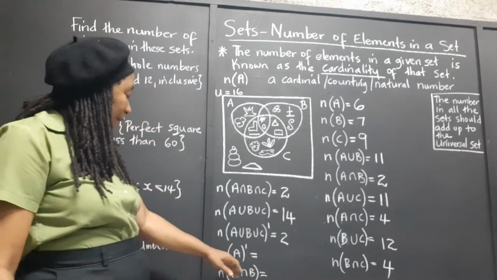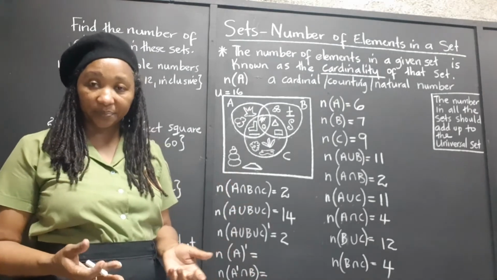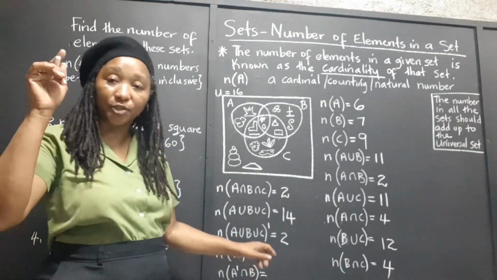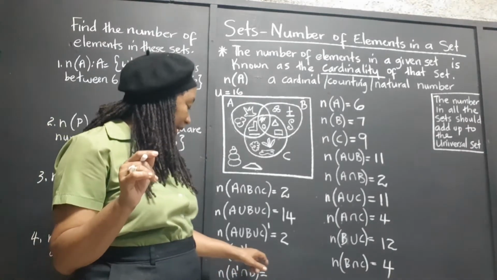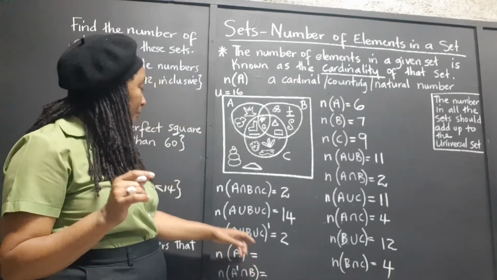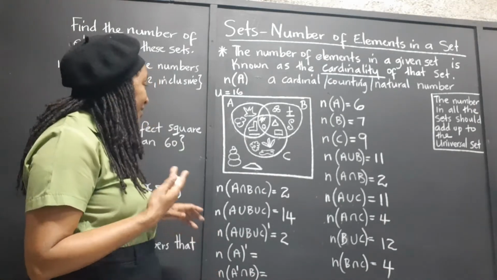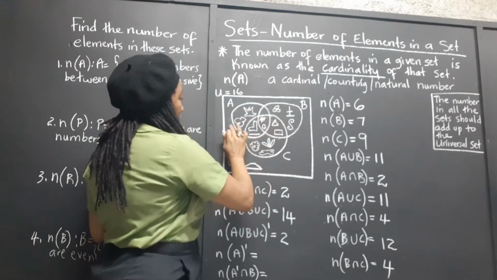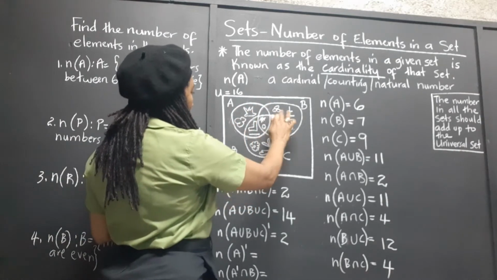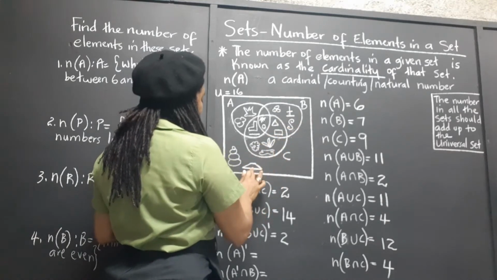The number of elements in A complement. What's not in A? Remember, complement, this little stroke to the right. The little stroke at the right hand side means not in, the complement. So what's not in A? This is A. So what's not in A? 1, 2, 3, 4, 5, 6, 7, 8, 9, 10.